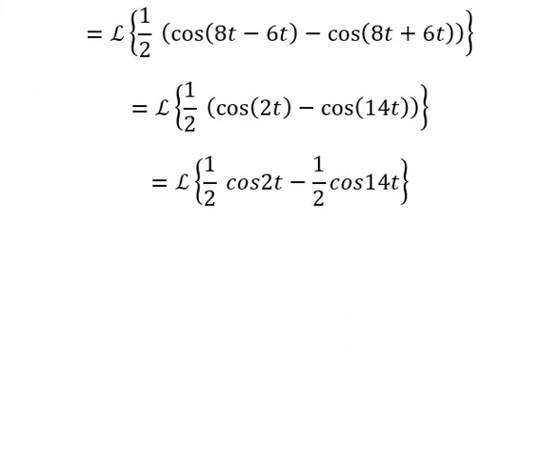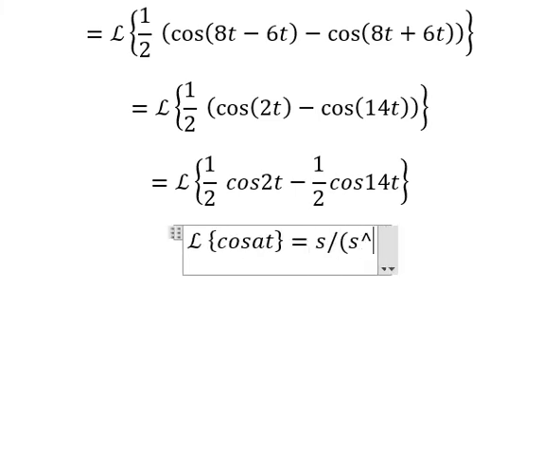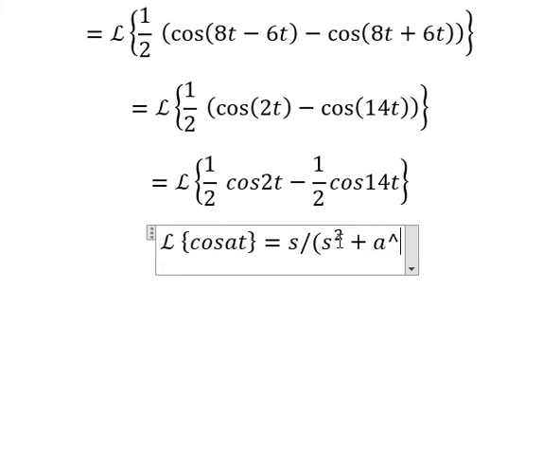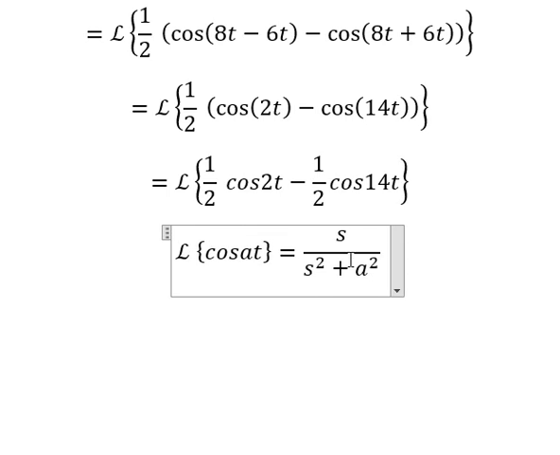Next, we have the second formula in here. And that should be h over s squared plus a to the power of 2. So we have this one in here.